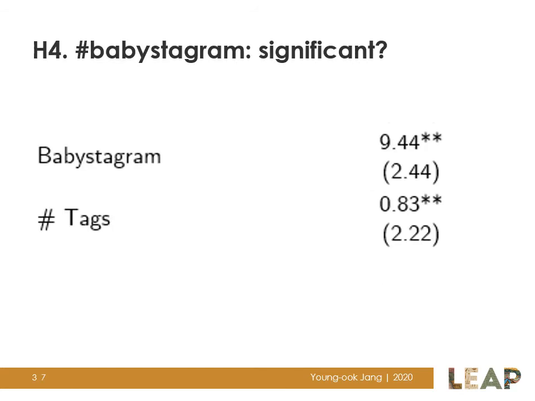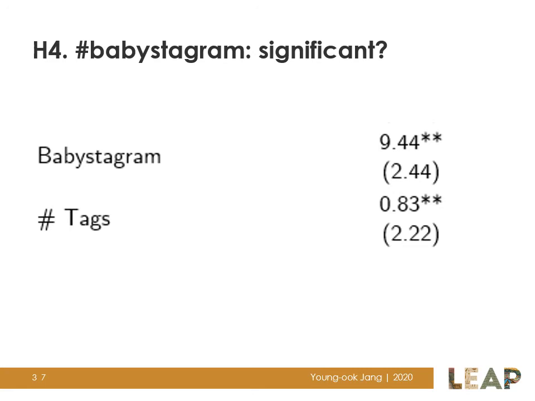And the fourth hypothesis: I thought having a specific hashtag like babystagram was significant in boosting the number of likes that I have, right? And I think it's true that having babystagram or more hashtags in general is important in getting more likes, right?